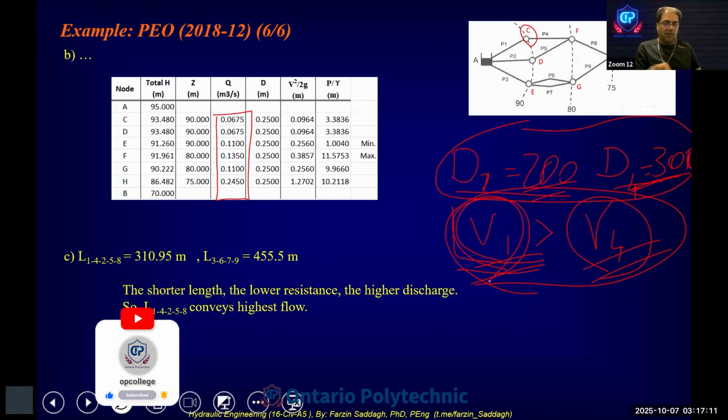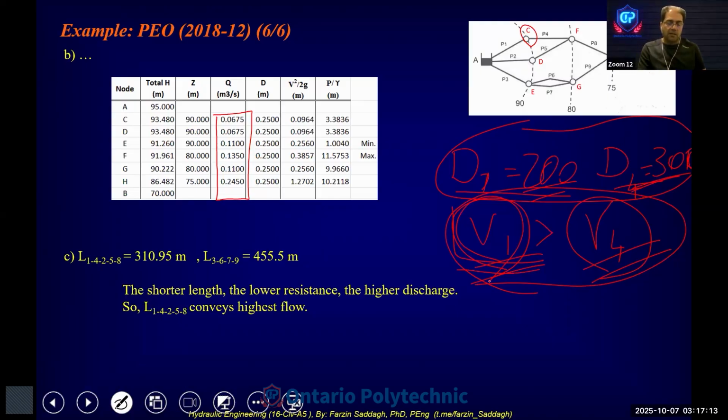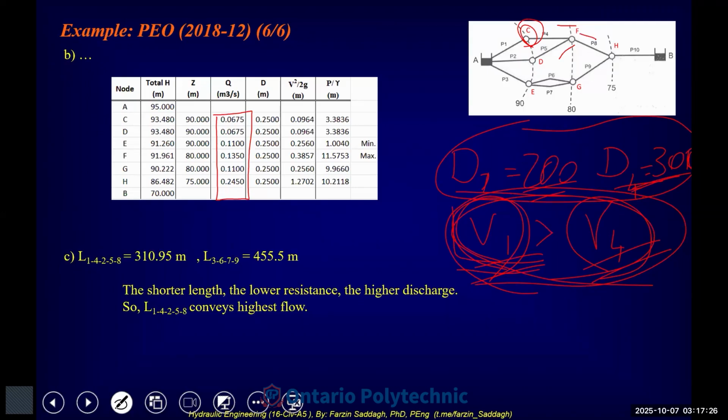Yes. In this case, we don't have this situation for this node. For other nodes, for example, you have one pipe here and another here, so you have three velocities. But it does not make sense to me.